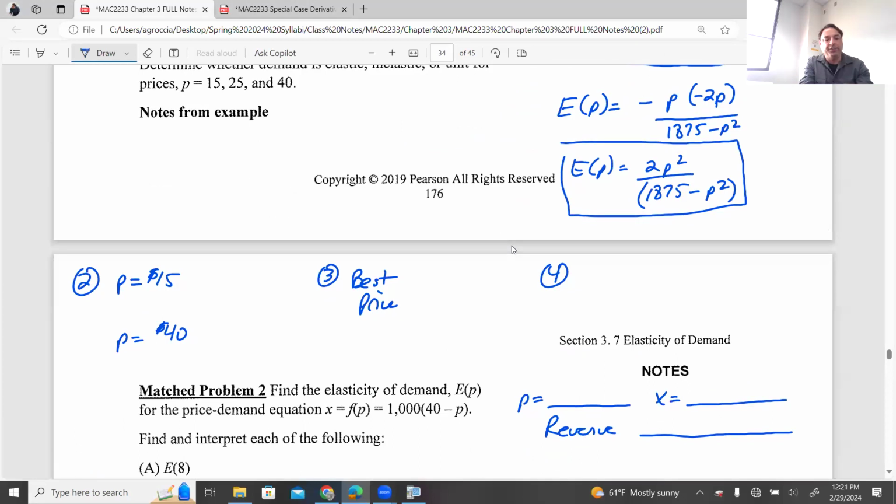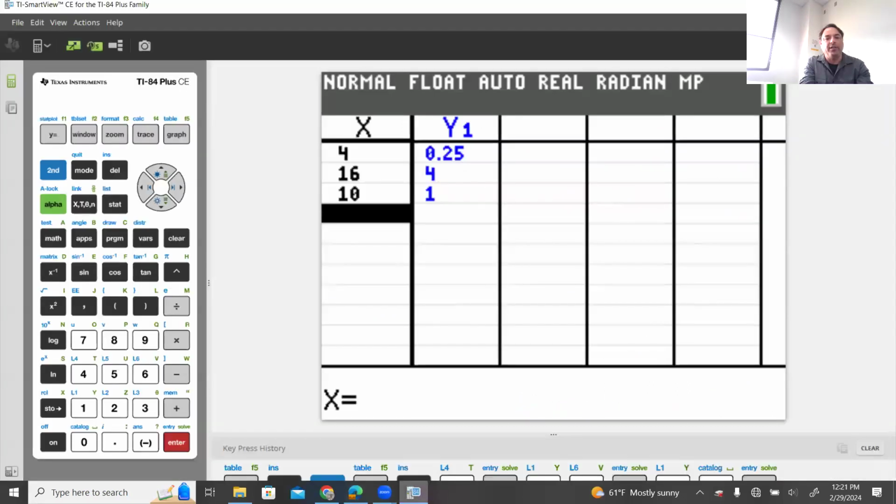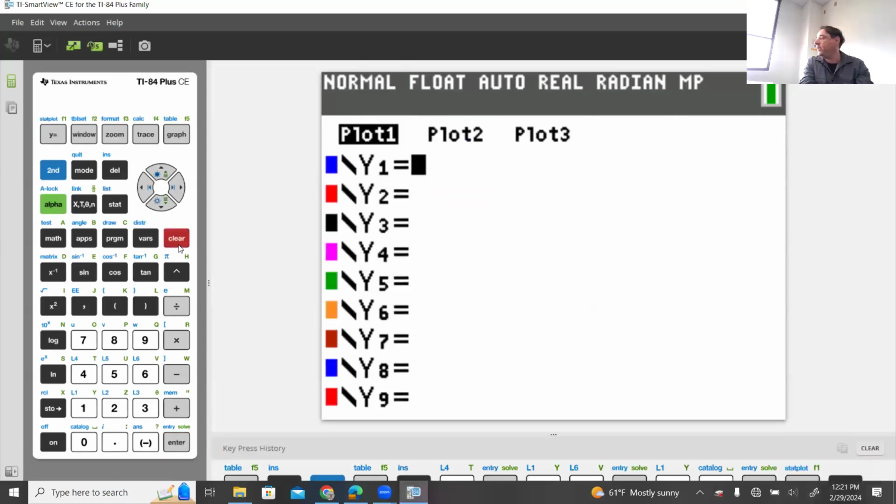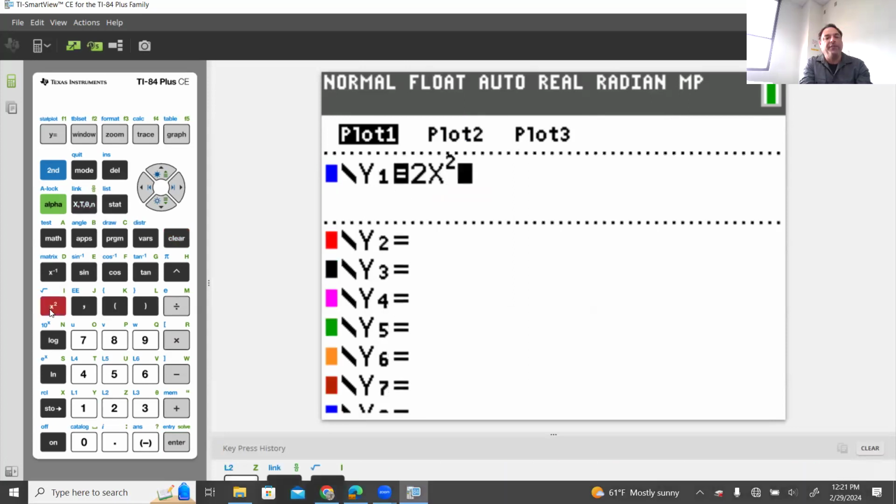But 2p squared. So we go to the calculator, we go to y equals, clear what we have in there, and we're going to put in 2x squared. If you have it in parentheses, that's okay. You don't really have to, but if you do, it doesn't hurt it. But the bottom needs to be in parentheses, 1875 minus p squared, x squared in this case.